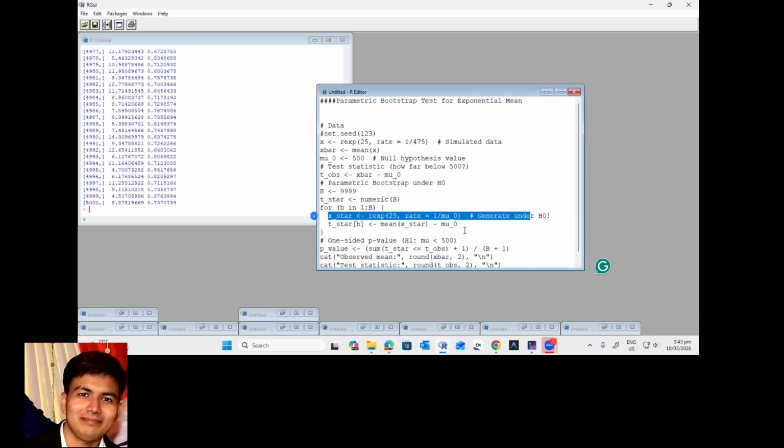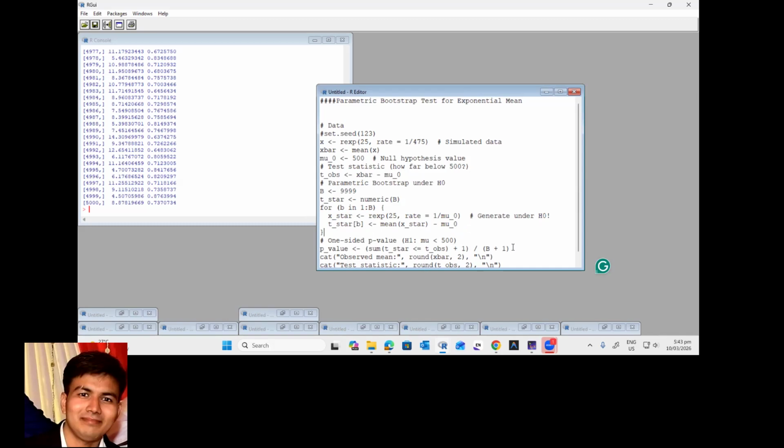Then in t star b, we compute the same test statistic, the sample mean minus 500, for the bootstrap samples, and store it in the vector t star. After the loop, t star contains an empirical approximation of the sampling distribution of the t statistic when H naught is true.